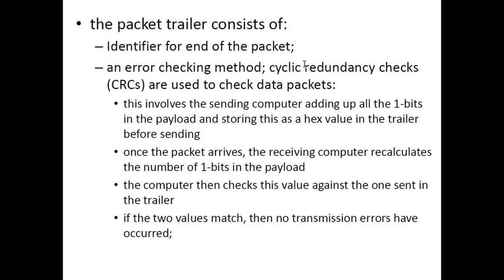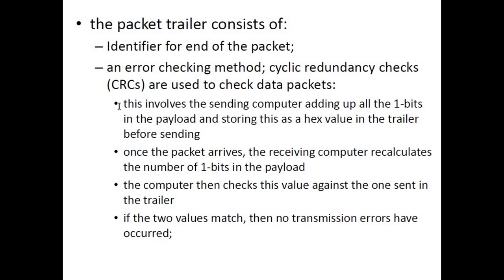Now, as an error checking method to make sure the packet has been received successfully, we use a CRC method, Cyclic Redundancy Check. Now how this method works is a part of your syllabus. This involves the sending computer adding up all the 1 bits in the payload.